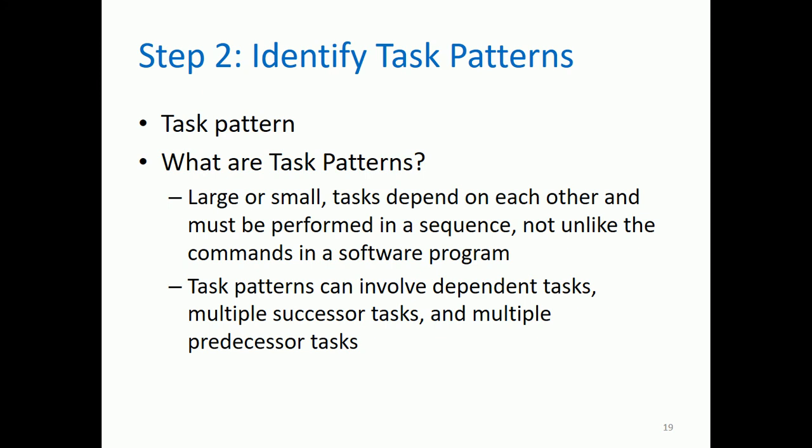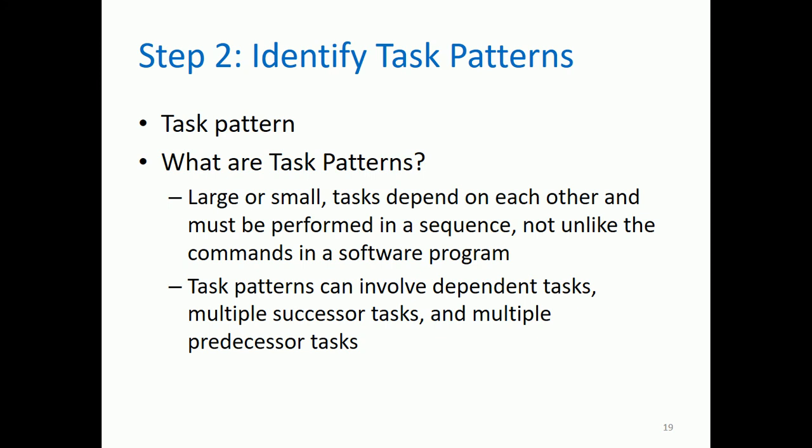Then we have multiple successor tasks. What do you mean by multiple successor tasks? For example, task A, if task A is finished, two or more tasks will start simultaneously. So that is the multiple successor task. And multiple predecessor task is the opposite of multiple successor task. How is that?